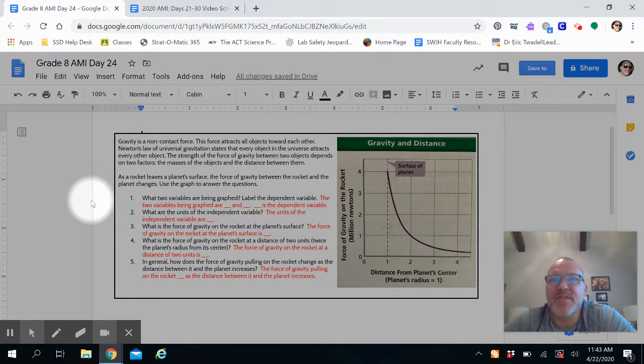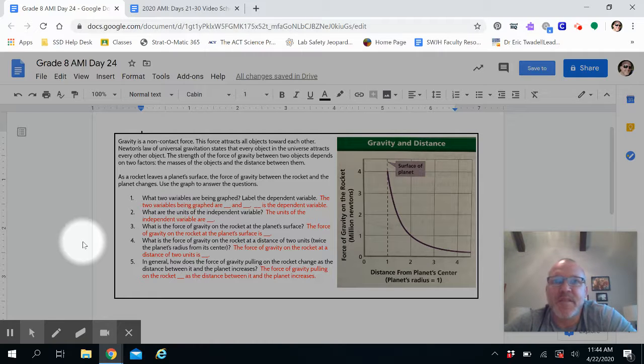Number 3, what is the force of gravity on the rocket at the planet's surface? Just a reminder that the dotted line over here represents the surface of the planet, so the dotted line at x equals 1. Number 4, what is the force of gravity on the rocket at a distance of 2 units, or twice the planet's radius from its center?